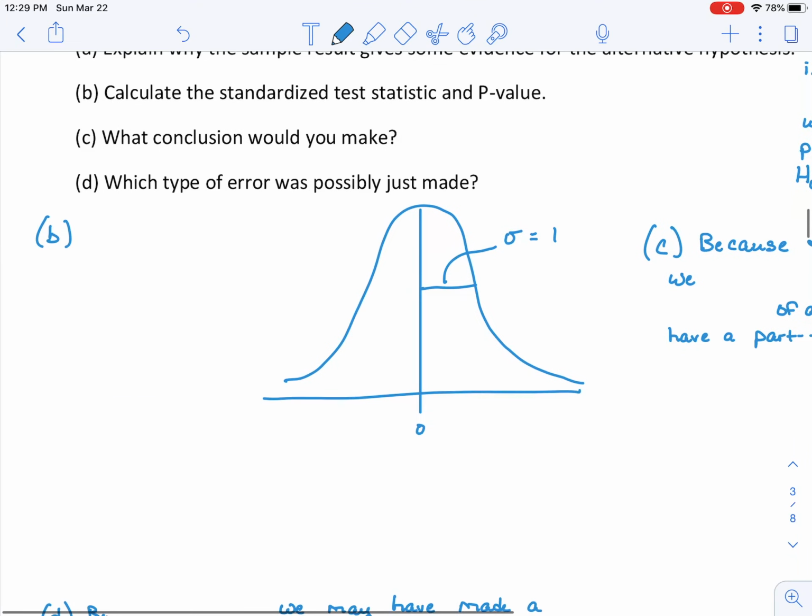So when we do this, we are going to go through those same steps again, where we're going to standardize our statistic. So that means I'm going to find my z-score.